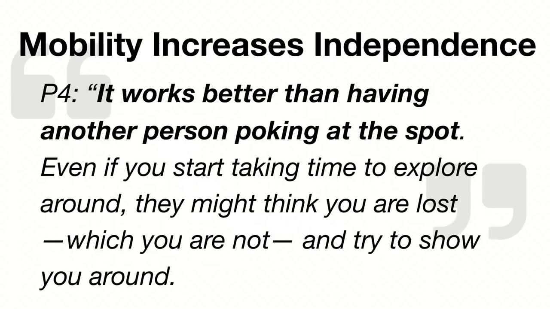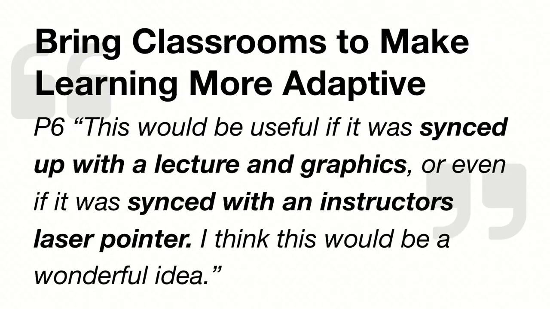But also the mobility can increase independence, so they can bring it wherever they go. And particularly, they are excited that they can bring it to the classroom, making learning more accessible and adaptive, synchronized between what the teacher says and what they can see.